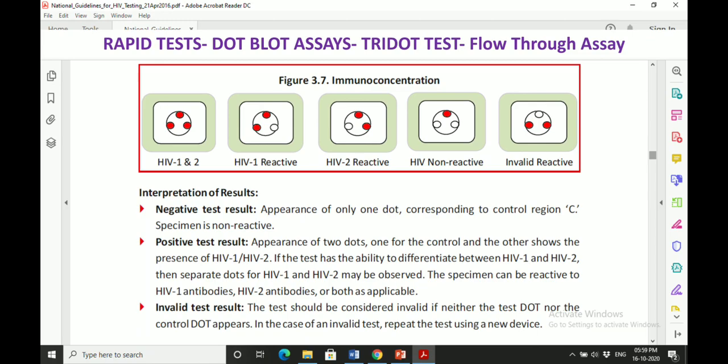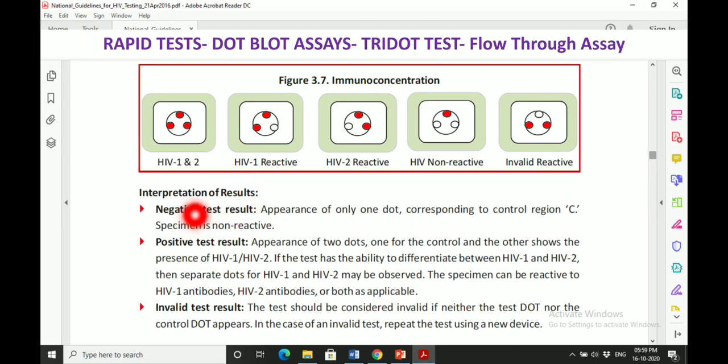Once the specimen passes through the membrane, if HIV antibodies are present, they will bind to the antigen, and the conjugate binds to the Fc portion of the antibodies and produces a distinct red colored dot against a white background. So in this picture you can see these red colored dots.